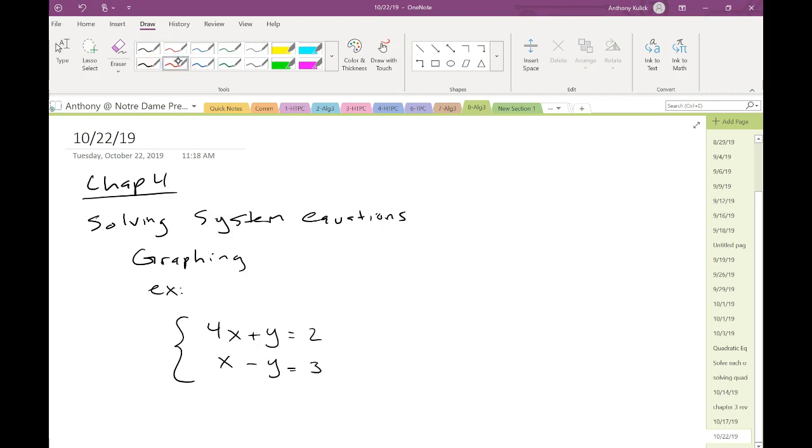To graph this, the first thing I want to do is to get these equations into slope-intercept form. So I'd want to get the y's by themselves. So the first equation, I can just subtract 4x from both sides.